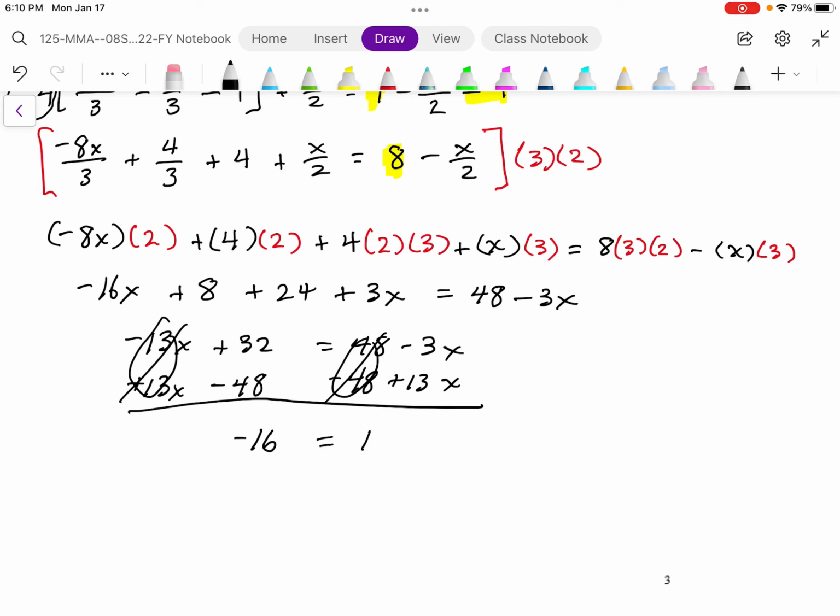Negative 3 plus 13x gives us 10x. We can divide both sides by 10. So my final answer works out to be negative 16 over 10, which simplifies to negative 8 over 5. And if we want to express that as a decimal, we can express that as negative 1.6.